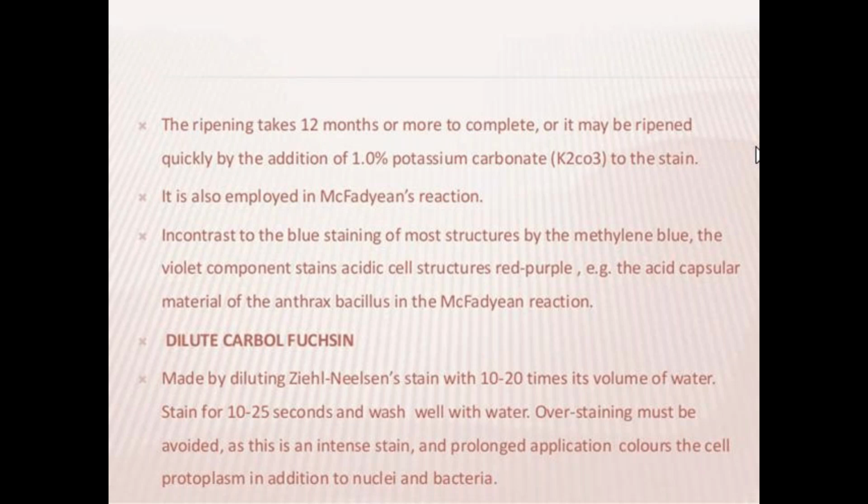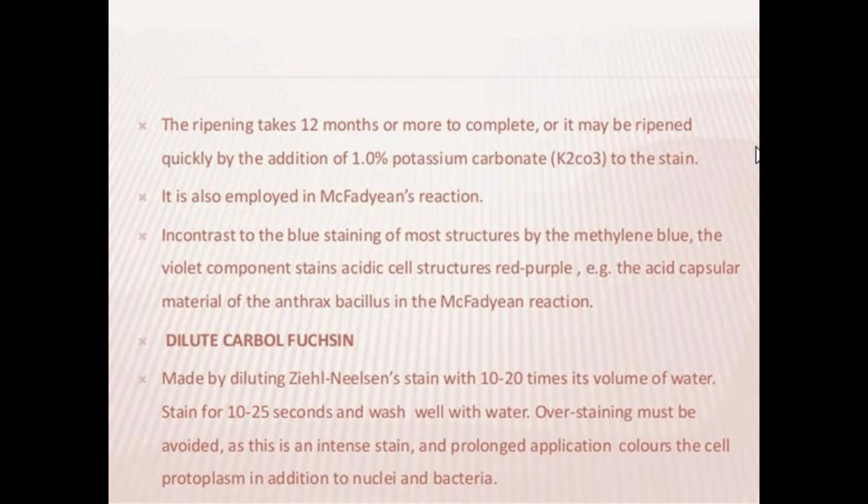Okay, and other stains can also be used for simple staining methods, and that may be dilute carbol fuchsin. Here, dilute carbol fuchsin is mainly made by diluting the Ziehl-Neelsen stain with 10 to 20 times its volume of water. That means by diluting the normal stains, they are mainly used for the simple staining process.